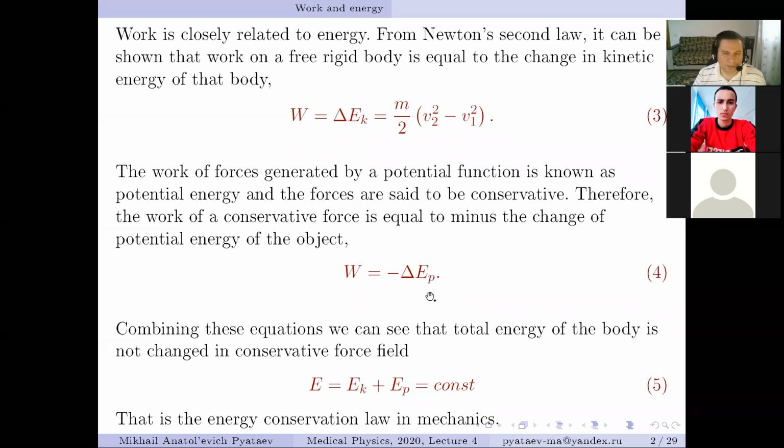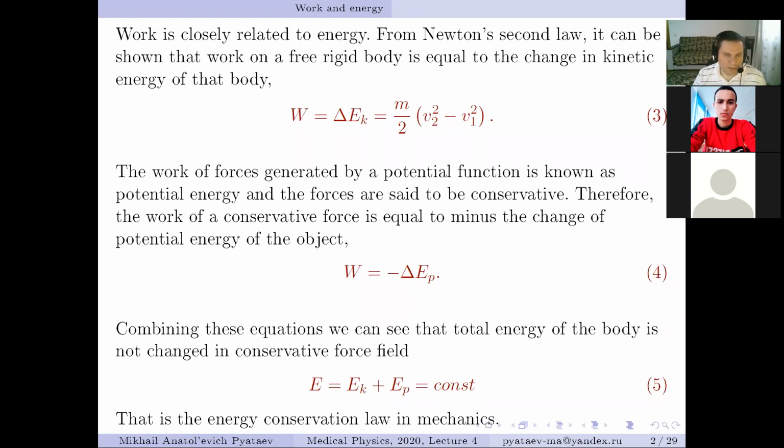So the work done by this force does not depend on trajectory. It depends only on initial and final position. Only in this case we can define a function which is called potential energy, and this function determines the work of such forces.